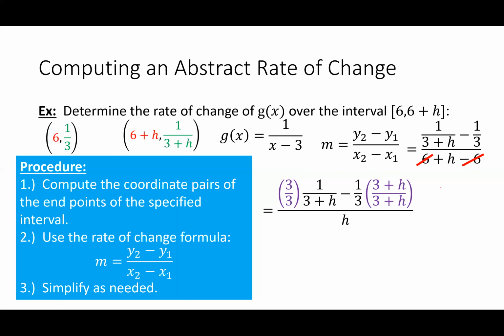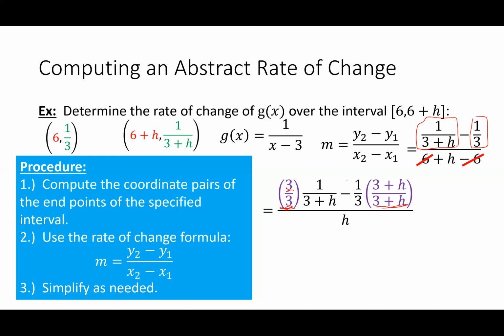So I need to give this first term here a 3, and I need to give this second term here a 3 plus h. I can't just give it to them willy-nilly. If I give a 3 to this first term in the denominator, I have to give a 3 to the numerator. Effectively, we're just multiplying by 1, which we can do anytime we want.